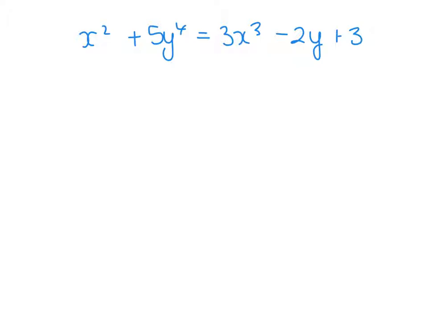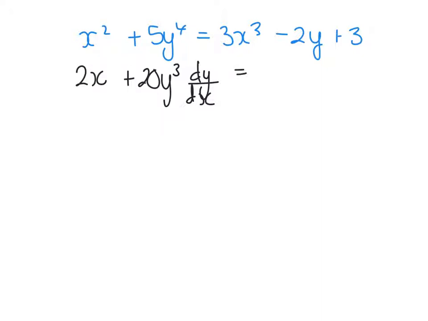So my first term differentiates just like normal, that would go to 2x. My second term, we're differentiating with respect to x, we don't want to be doing that because it's a y function, so we'll differentiate with respect to y, which would be 20y cubed, and because we've changed the variable we're differentiating by, we will pop a dy by dx on that term.